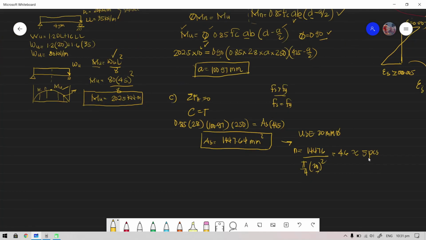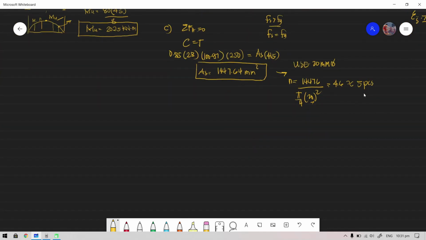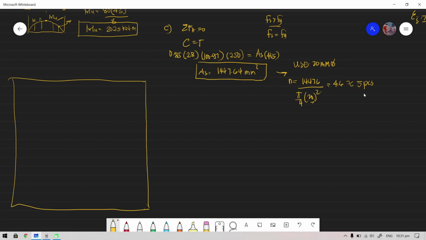So, meron ding ibang solution, alternative, sa pag-solve ng AS. Okay, alternative lang naman to. Mas maliit yon, mas mabilis to. So, in terms of coefficient of resistance, gagamitin natin yung formula na to. So, we have Mu over phi BD squared.